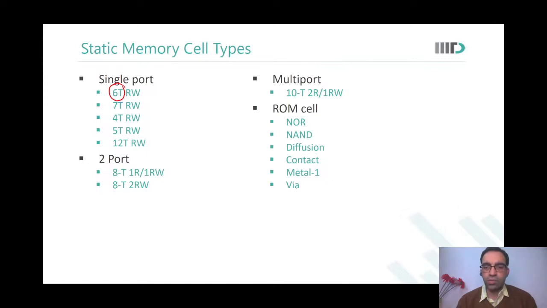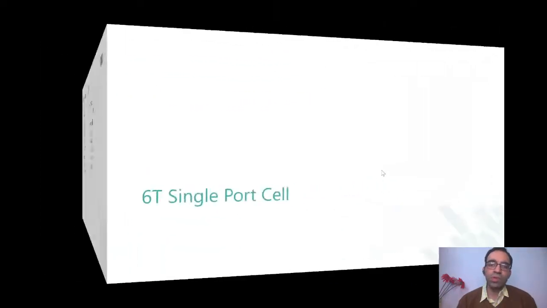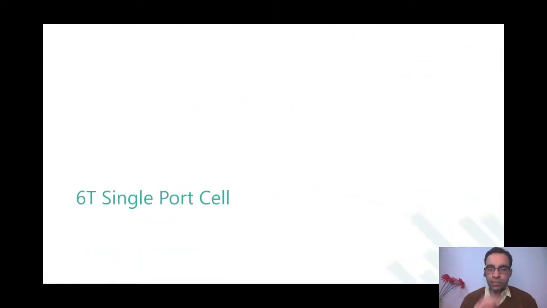Great. So now we come to what a 6T single port cell is. But before we go to a 6T single port cell, can you tell me what is the simplest storage element that you know of? We discussed this in DVD also. Latch. Yes, a latch. And if you want to store a desired data into it, we call it an SR latch.